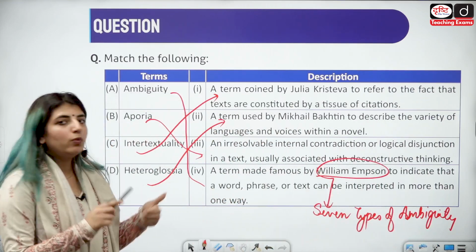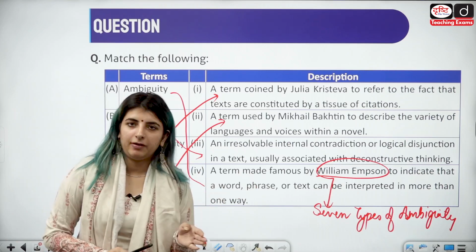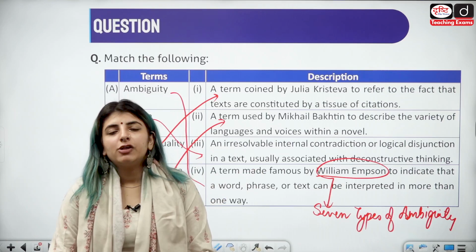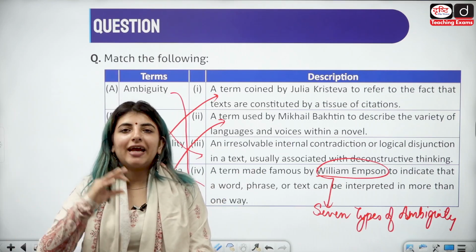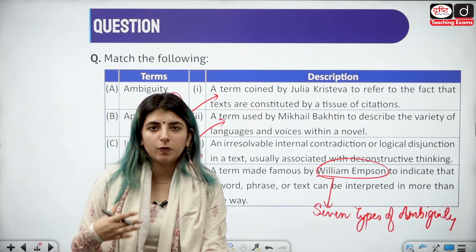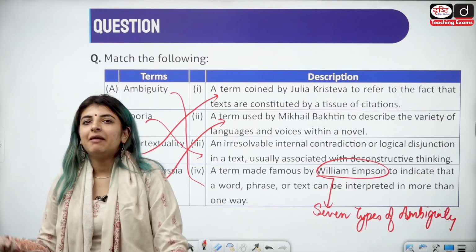To indicate that a word, phrase or text can be interpreted in more than one way. In more than one way. Correct? So there can be an ambiguous ending or an ambiguous word. So it can mean different meanings. That is what Empson has tried to talk about in his work, Seven Types of Ambiguity, coining the term ambiguity.